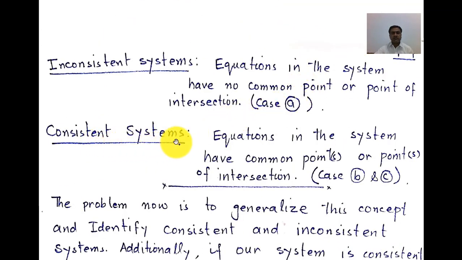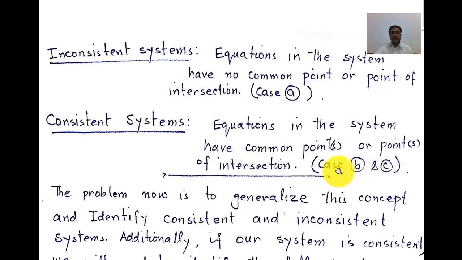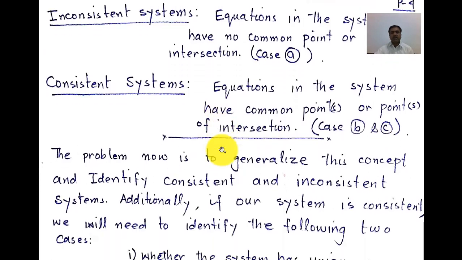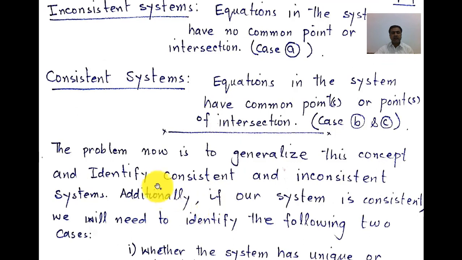So, what is a consistent system? A consistent system is one where the equations have common points or points of intersection, as we have seen in cases B and C. Now, the problem is to generalize this concept and identify consistent and inconsistent systems.